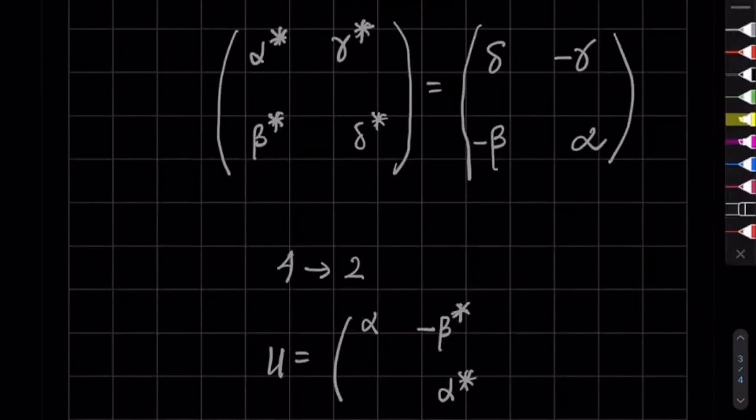Why don't I substitute alpha, so that alpha becomes delta star, and this is delta.